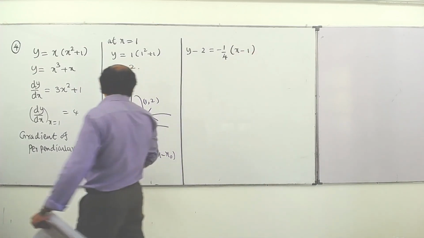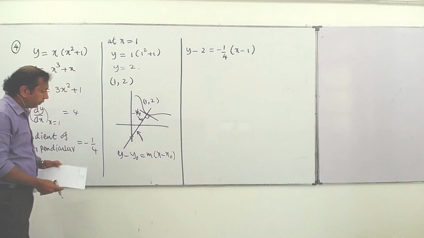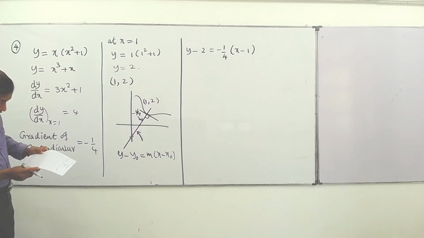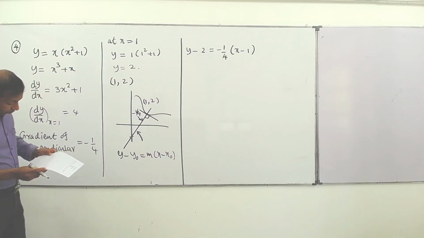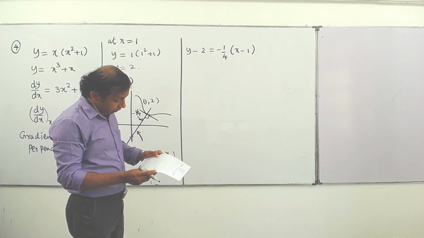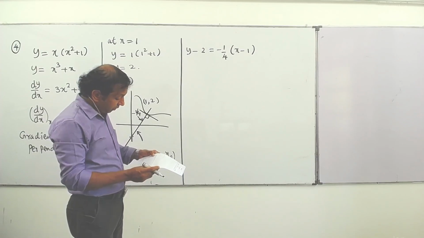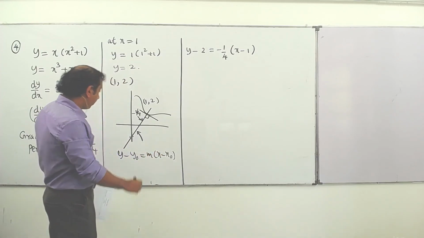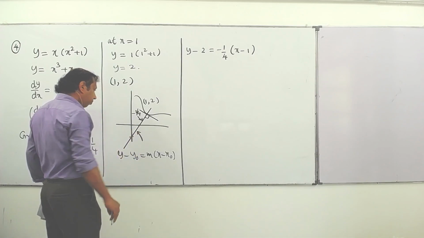Right. We need to find the coordinates where the perpendicular drawn to the curve at the point x equals 1 meets the x-axis. Meets the x-axis right here. This point only is asked, meets the x-axis, right?